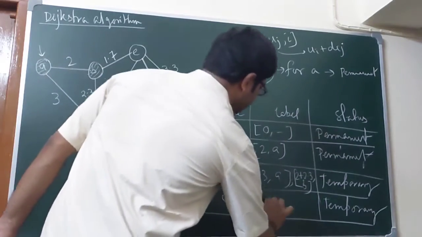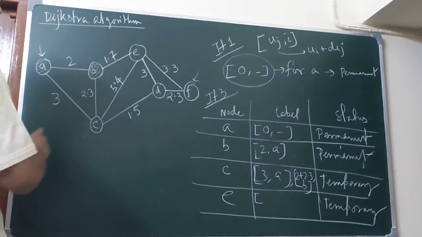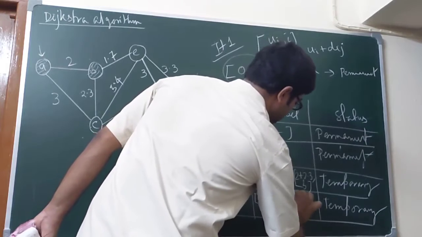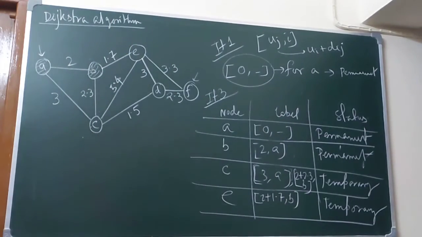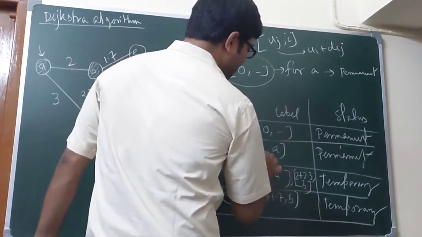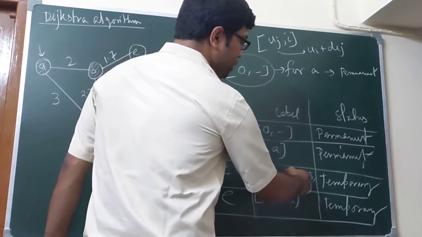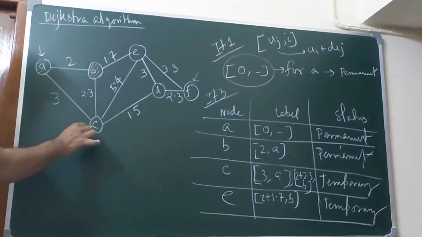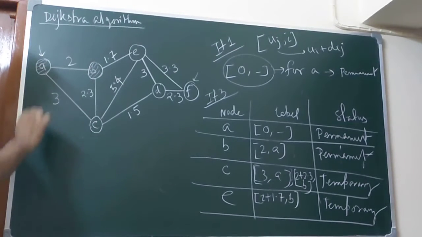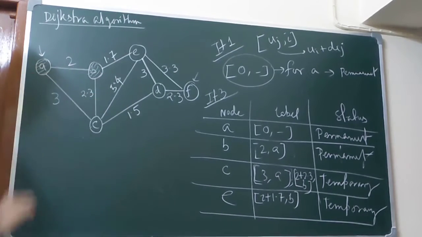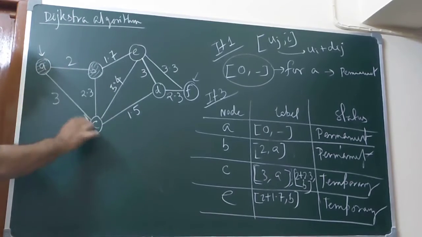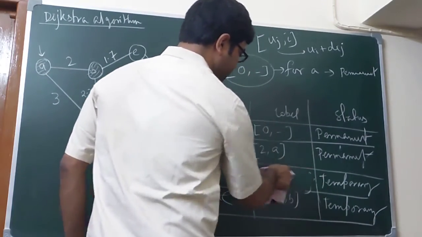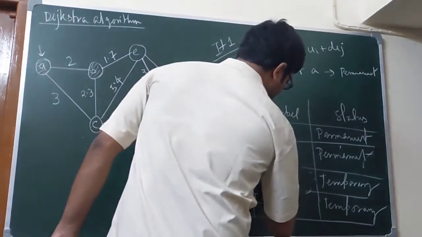E can be reached via B, so 2 plus 1.7, B. So the label of C is 3A or 2 plus 2.3B. Which one is smaller? Obviously 3A is smaller. So C will choose the path from A to C, and it will discard the path via B, because that path is greater than the direct path. So the value now becomes 3A.